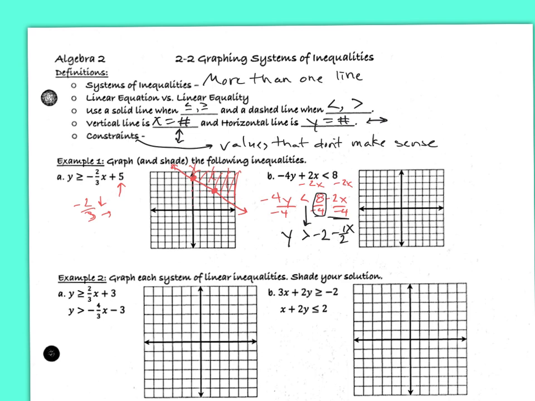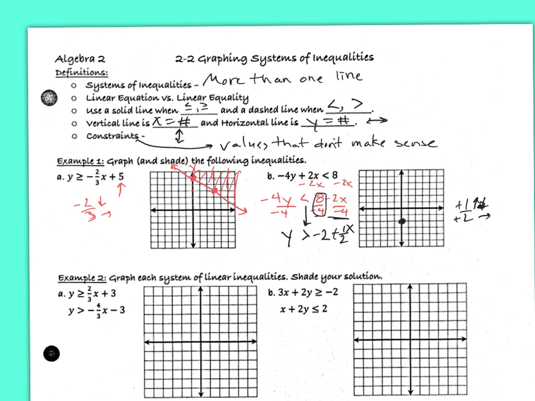So you start on the y-axis, so we're going to start down 2. And then we have a slope of negative 1/2, which means down 1 over 2, down 1 over 2. Do that as many times as you need to. Sorry, our slope is positive 1/2 if you're paying attention to the signs, because they were both negative. So we're going to go up 1 to the right 2.